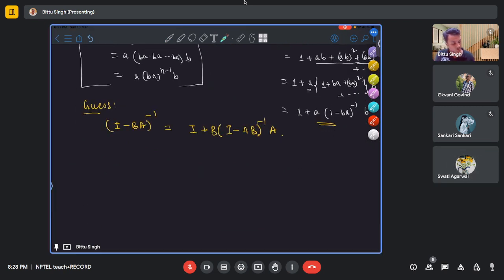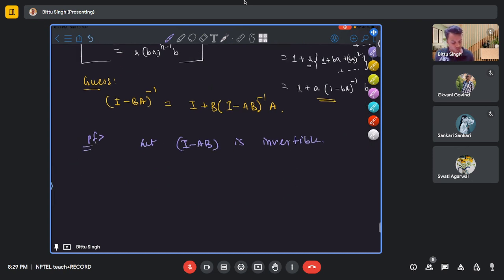So let us return to this problem. Proof. Let I minus AB be invertible. Okay, so assume this to be X. This is invertible. We need to prove I minus BA is also invertible.